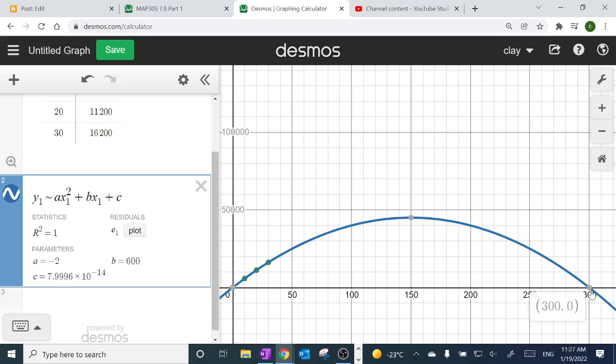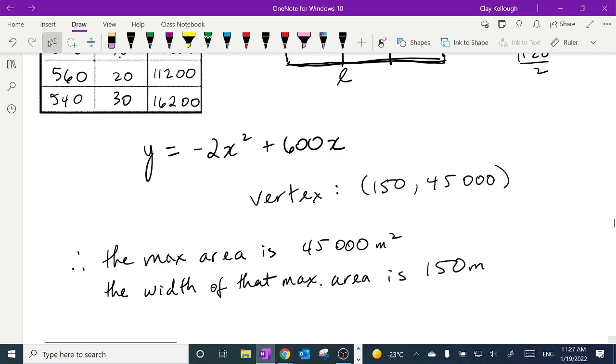That would be how much width there would be if the length was 0, because that's a 0 area, so either length or width has to be 0. Well, using the equation, you find it, right?